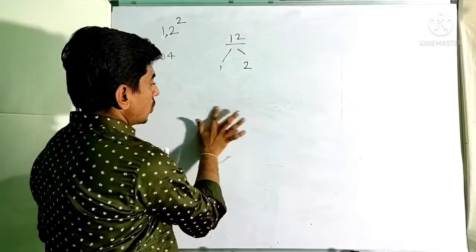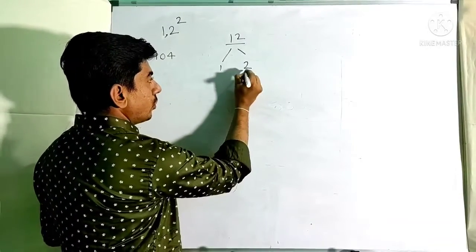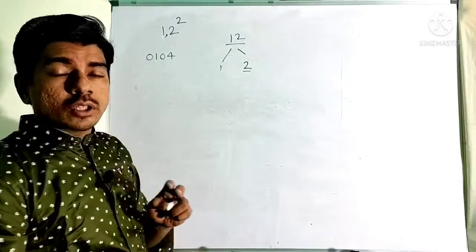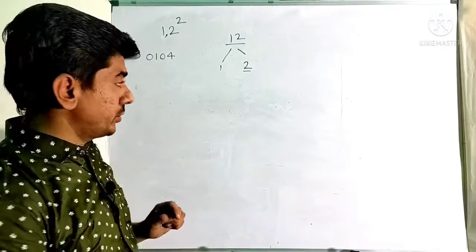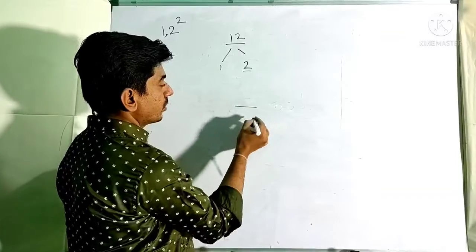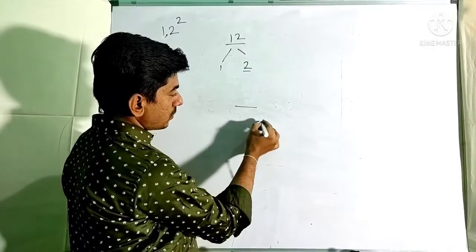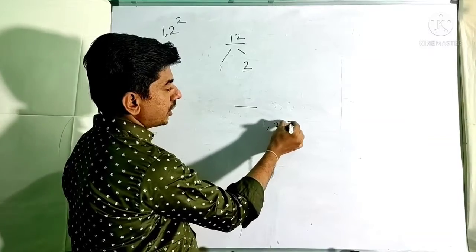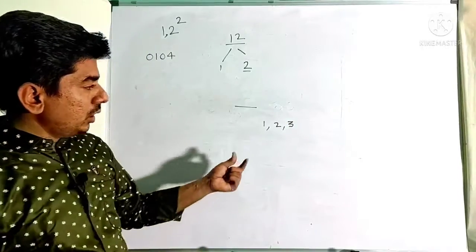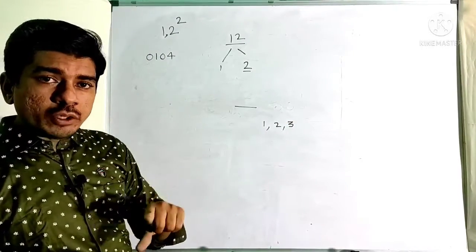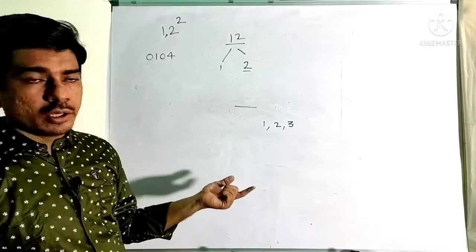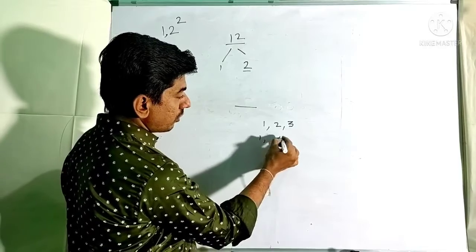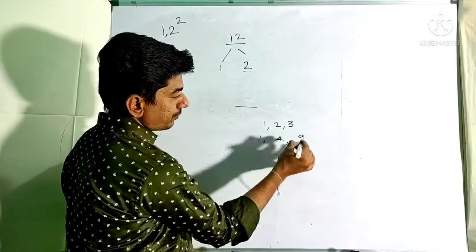Here you should remember one thing: if you are going to take the square of a single-digit number, then the square should be written in 2 digits. This is very important. Take an example. Suppose you are going to take the square of 1, 2, 3. These will give you squares that are again single-digit numbers. The square of 1 is 1, 2 squared is 4, 3 squared is 9.